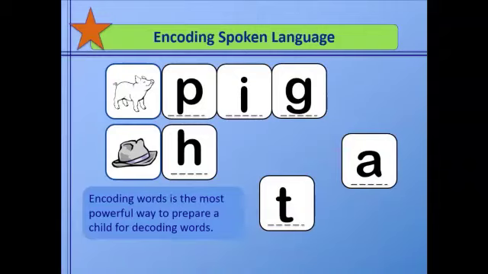Encoding words is the most powerful way to prepare a child for decoding words. That's the bottom line. If any of you have ever studied any of the Orton-Gillingham methods of teaching reading instruction, you know that a core piece of any of the Orton-Gillingham science of reading practices is building words, encoding words with movable tiles.